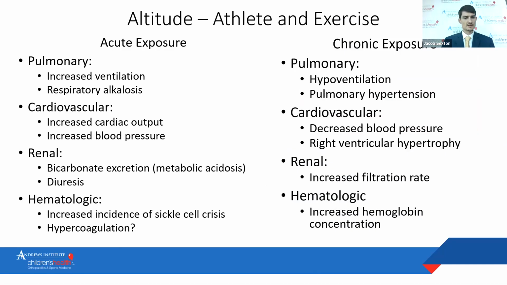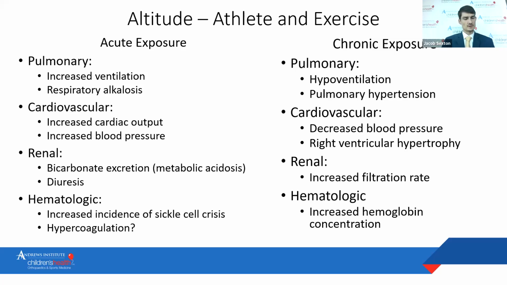So what exactly happens to the athlete when they're exposed to altitude activities? Most commonly, we're going to be dealing with the acute exposure from the travel medicine standpoint in athletes. The first thing that occurs in this hypobaric, hypoxic environment is your body's going to want to have its typical oxygen levels that it's accustomed to. So it responds by increasing pulmonary ventilation and minute ventilation.